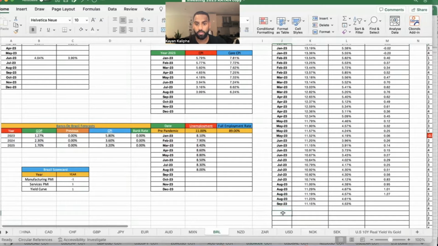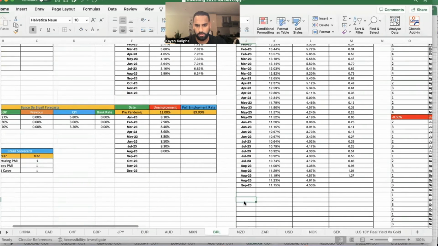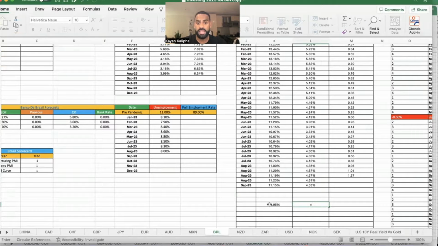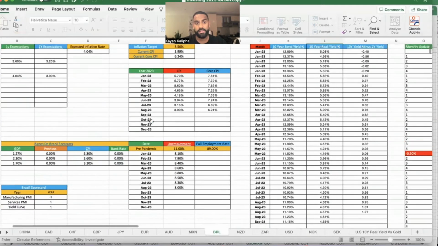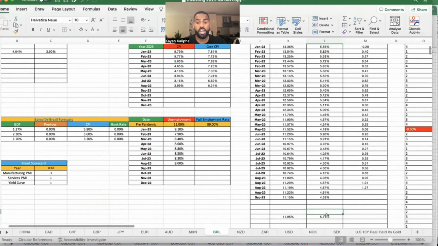So if you adjust this interest rate minus inflation, you're getting a real return of interest over inflation of 5%. That's really good, right? You're making nearly 6% interest on your money over inflation.